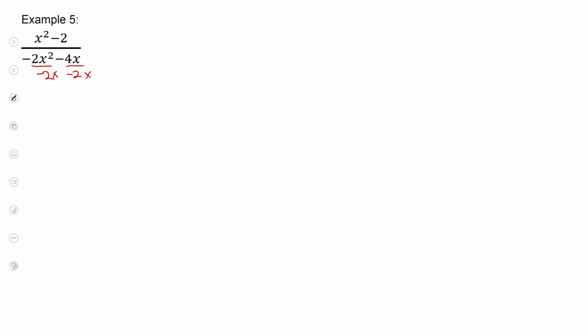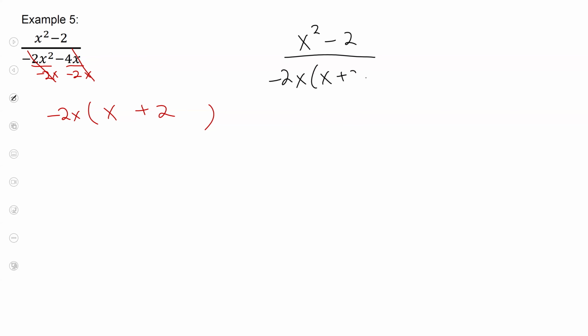They can both be divided by a -2x. So -2x is on the outside. The -2's cancel. The x's cancel. What's left over? x plus 2. I have x squared minus 2 on the top. -2x times x plus 2 on the bottom.